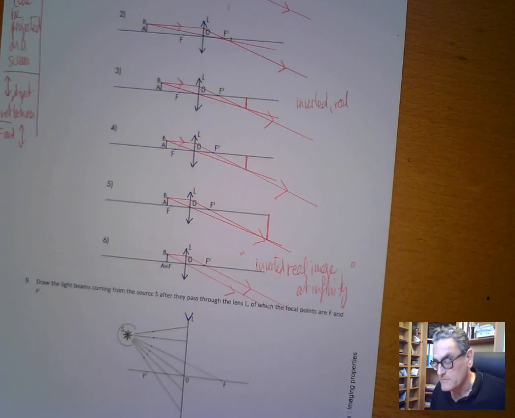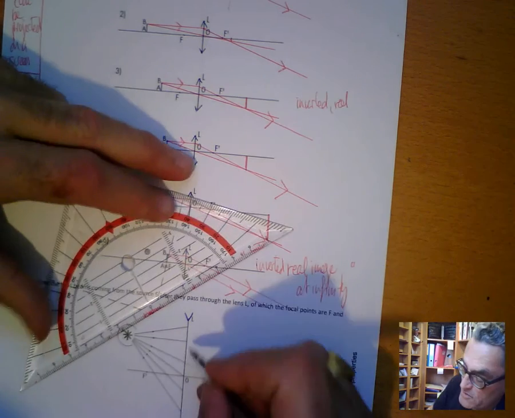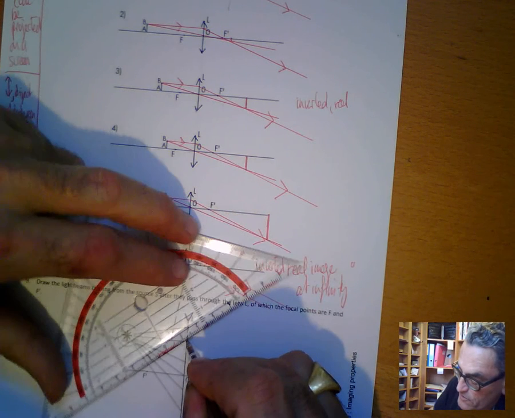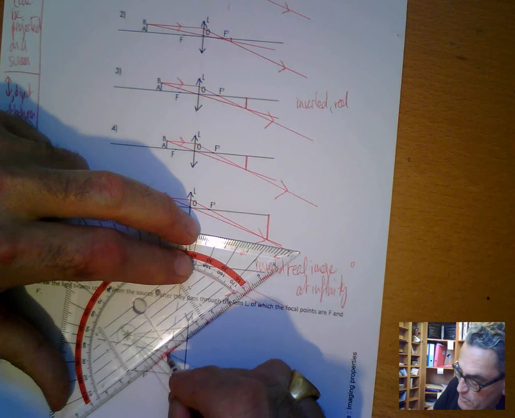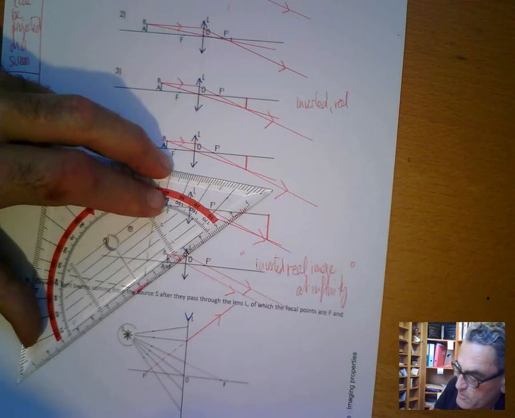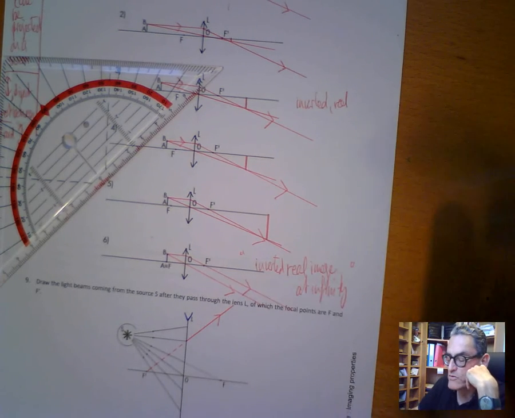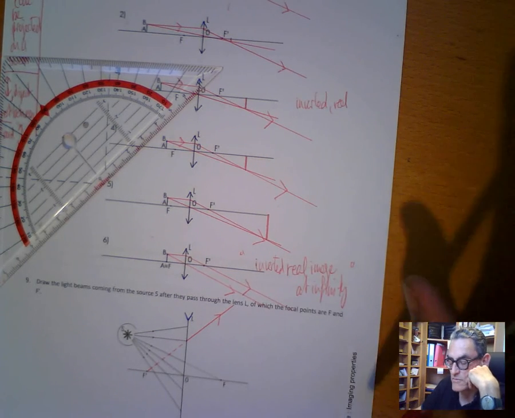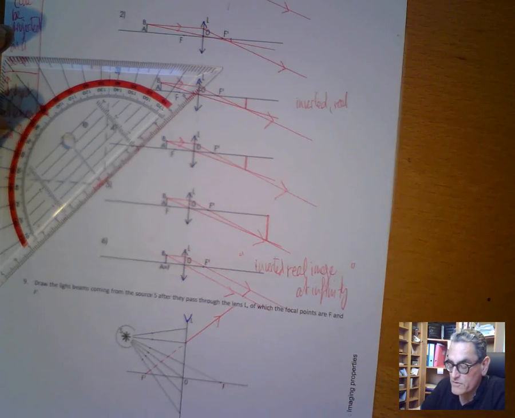Towards the focal point. Yeah, but be careful, this is a divergent lens, so the light ray has to diverge, and so its direction is going to be given by the line which comes from the focal point. This one we know for sure. Then there is another one we know for sure. Which one is it?